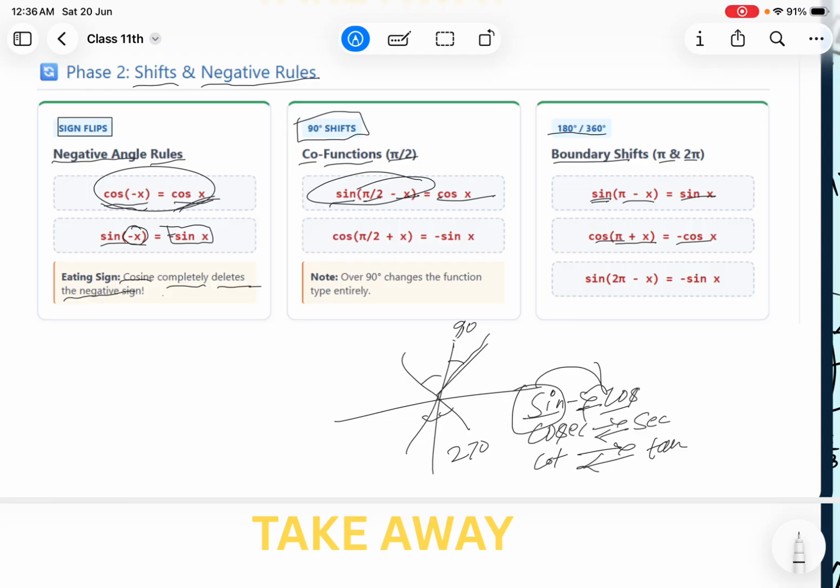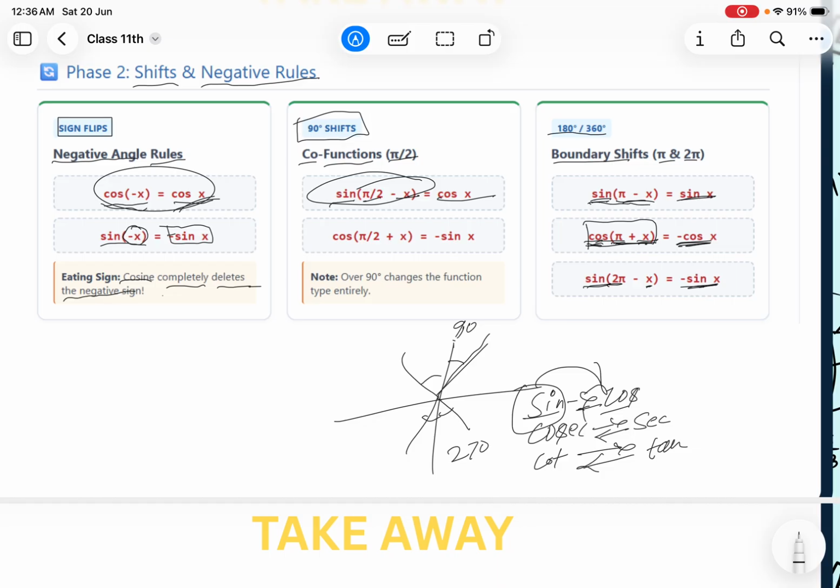In this example you see sine pi minus x equals sin x, okay, very good. Cos pi plus x, and here sine 2 pi minus x is minus sine, okay. Cos pi plus x is minus cos. It means that for cos, if there is a positive sign, then it will convert to negative.